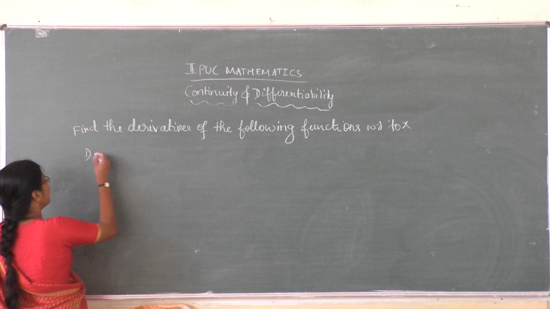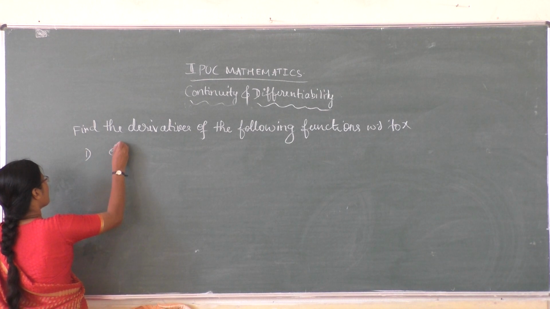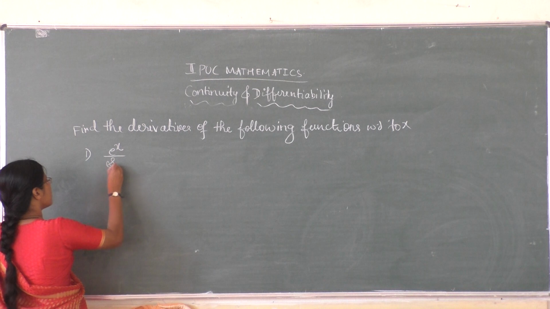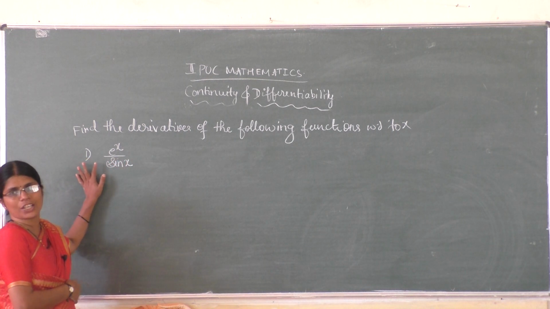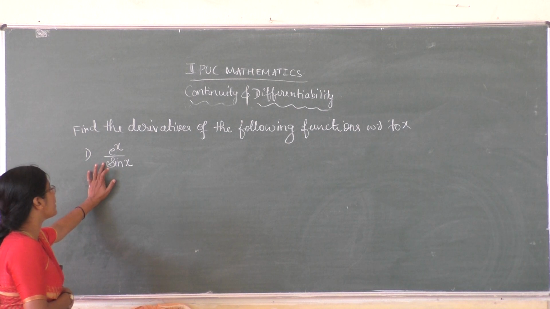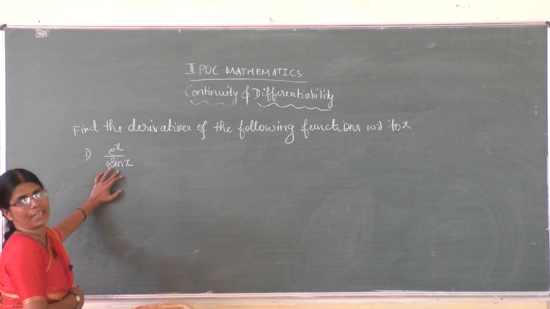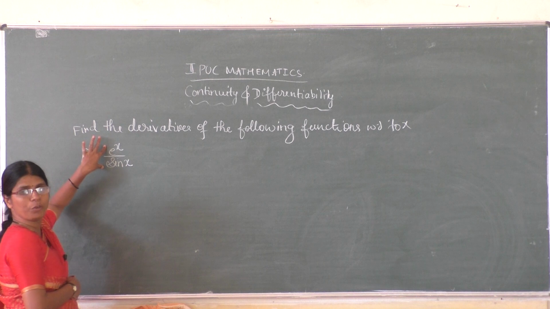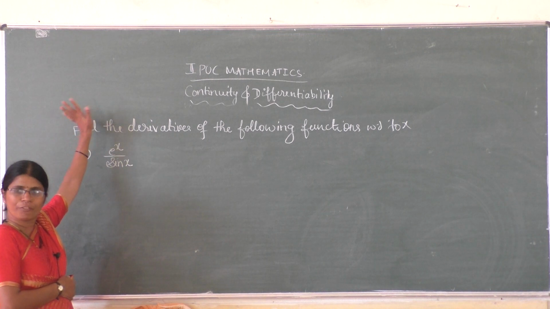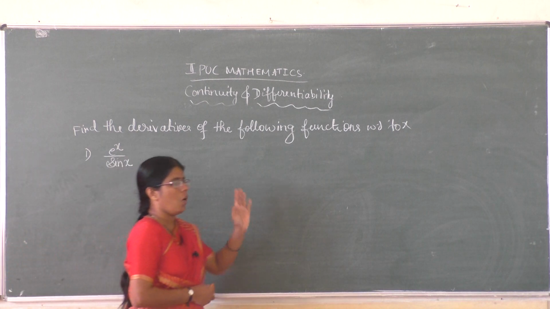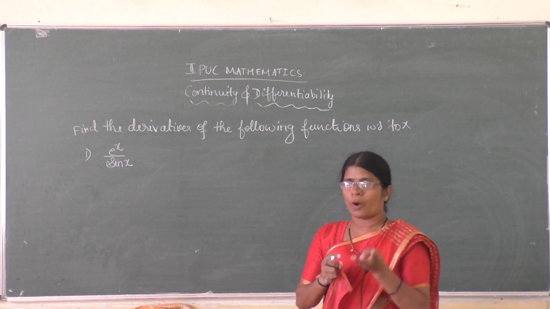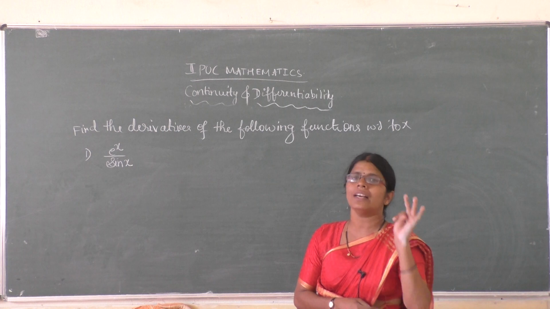So first one, e to the power x divided by sine x. So this particular function involves exponential and also trigonometric functions. The thing is, it is a quotient of two functions. So the rule is same. We have to apply the quotient rule. The methods we already studied are product rule, quotient rule, chain rule.